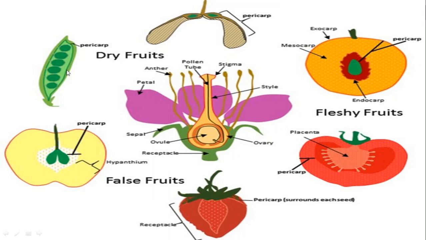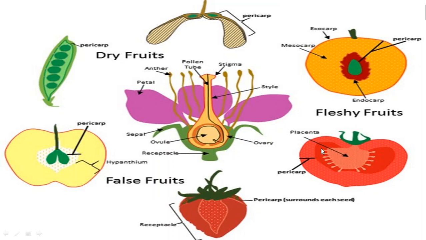Then in this fruit, you can see that the pericarp is membranous and fleshy, and it is the edible part. Then you can come to here, this is also a fleshy fruit, where you can see that the mesocarp is the fleshy portion, the epicarp is very thin, and the endocarp also occupies a very small portion, and at the center the seed is there.